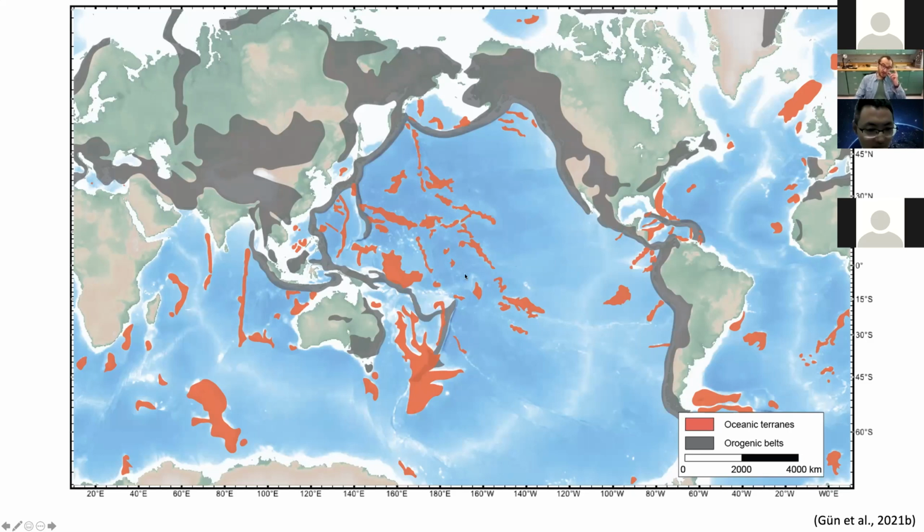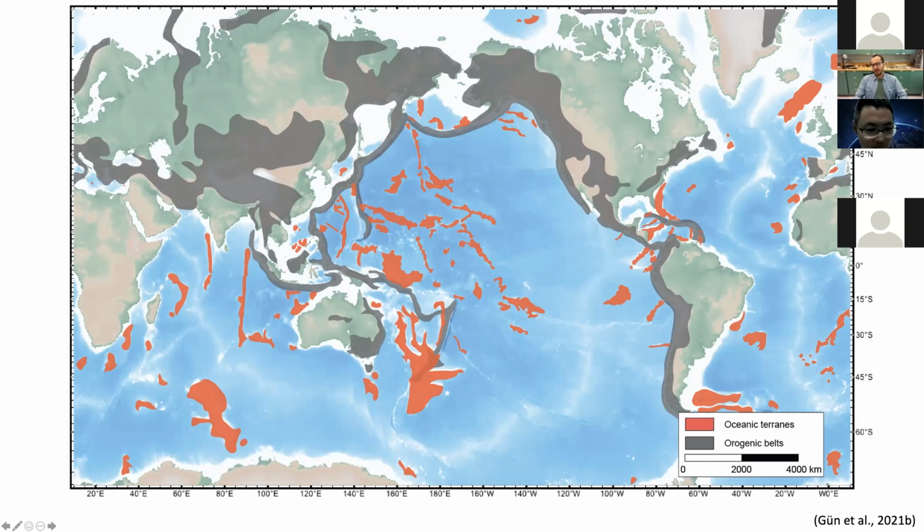When they reach the subduction zone, because they are thick and buoyant, usually they collide and accrete to the overriding plate, creating these orogenic belts and also causing crustal growth. Or sometimes they can subduct into the asthenosphere too, depending on a variety of factors.